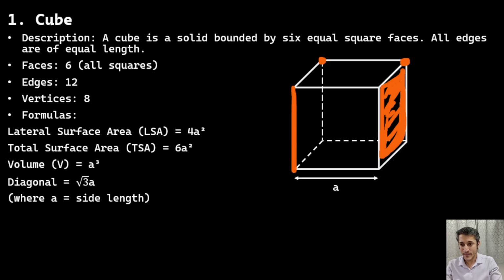If you join this vertex and this vertex here, this would be a diagonal. Similarly, if you join this vertex and this vertex here, this would also be called a diagonal. So in a cube, we can have a total of 4 diagonals. I hope this is clear.